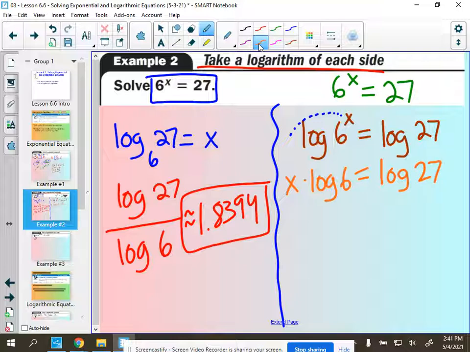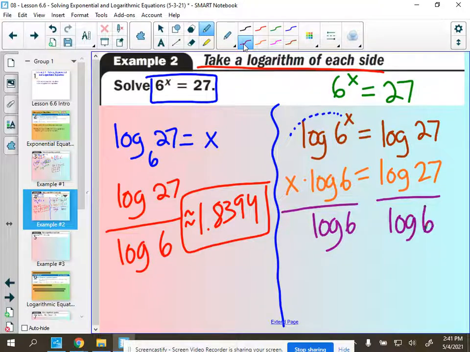Now we're all on one level playing field. There are no powers anymore. And the log of 6 has a value, it's some number. So how would you move some number that's being multiplied by x in any equation? We would divide both sides by the log of 6, cancel here, leaving our x all by itself.